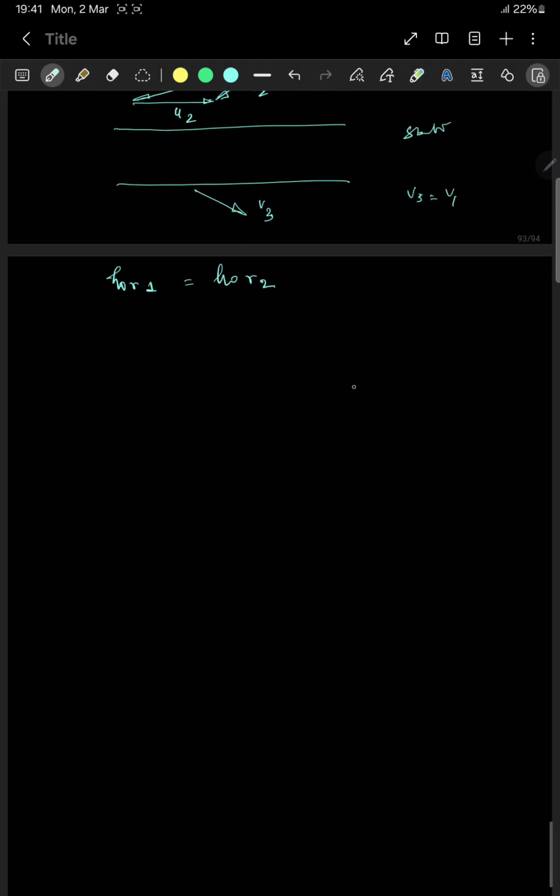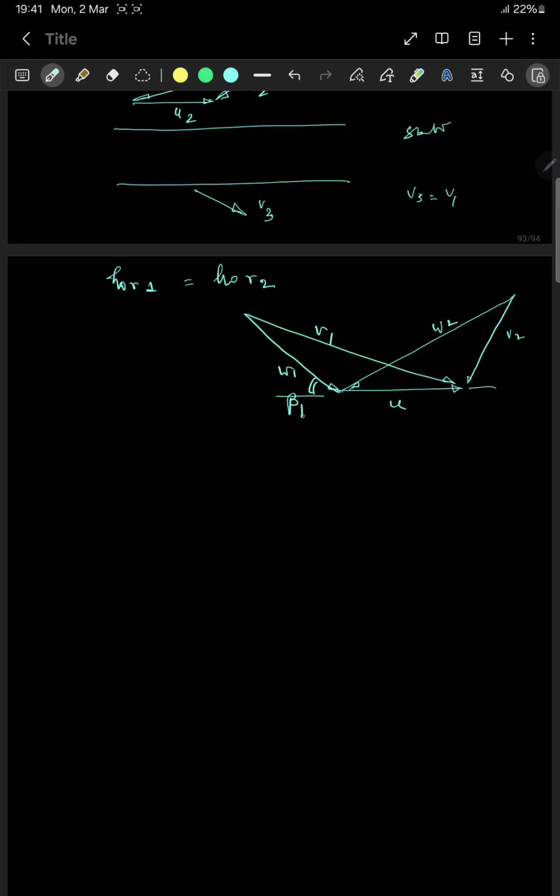Let me draw the triangles once again. So this is u, this is v1, this is w1, this is w2, and this is v2. This is beta 1, this is alpha 1. This is beta 2, this is alpha 2, right?